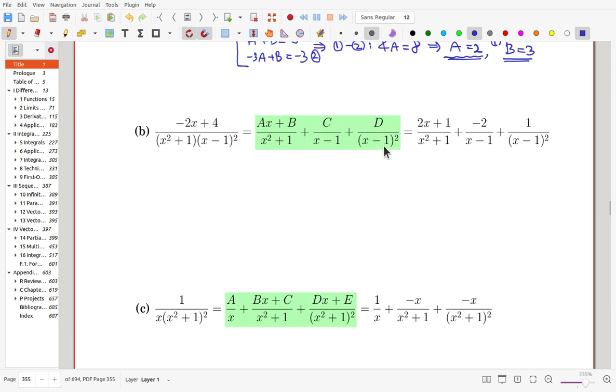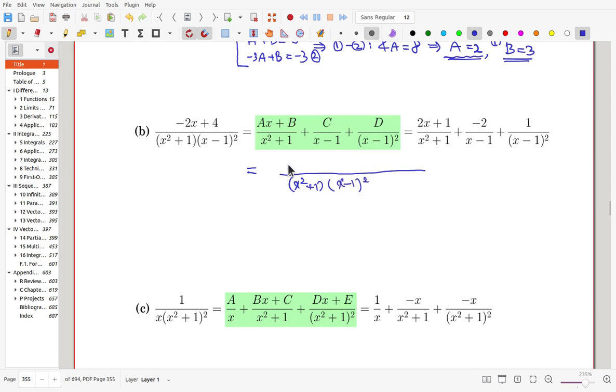So in this way, you start with the separation, and then try to decide a, b, c, and d. Exactly the same way you can do that. Okay, now we'll try to combine them. Then the common denominator will be x squared plus 1 times x minus 1 squared.